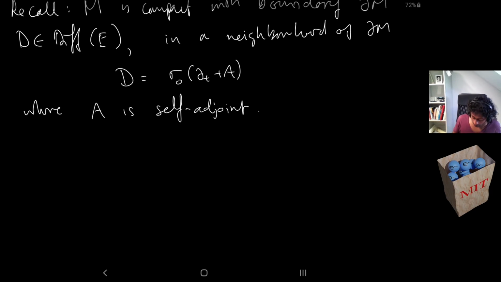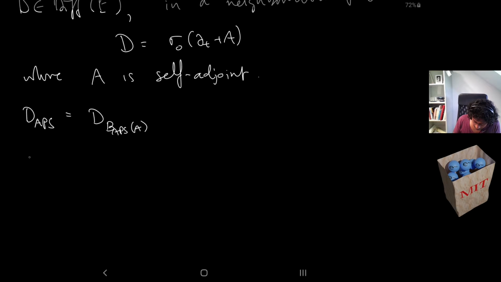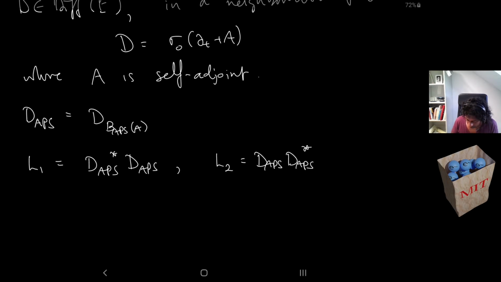Okay, that's the setting that we're in, and remember we defined D APS. We defined this as the operator D with boundary condition B APS with respect to A, and we considered L1, which is D APS adjoint D APS, and L2, which is D APS D APS adjoint.